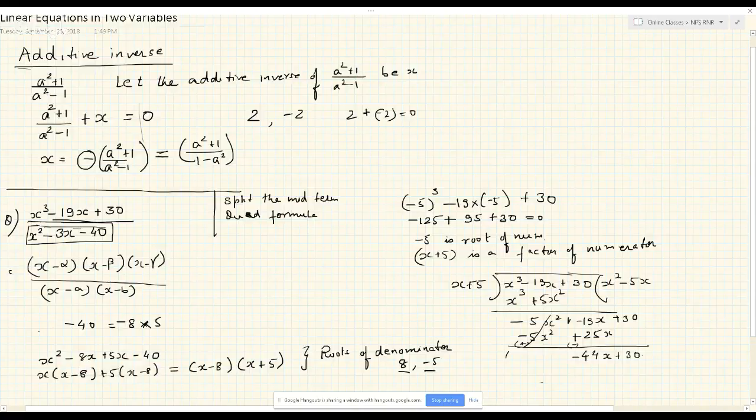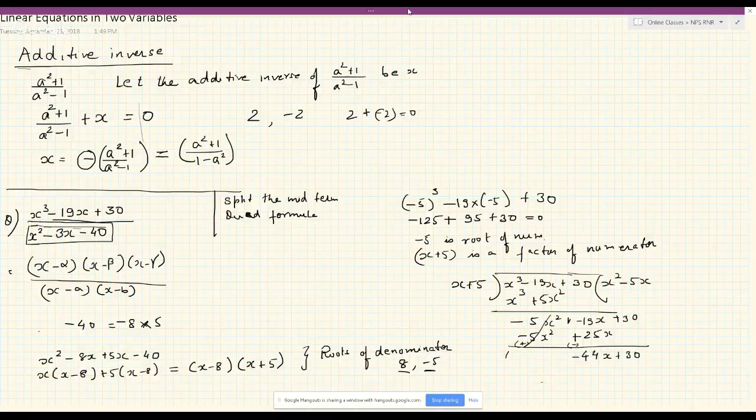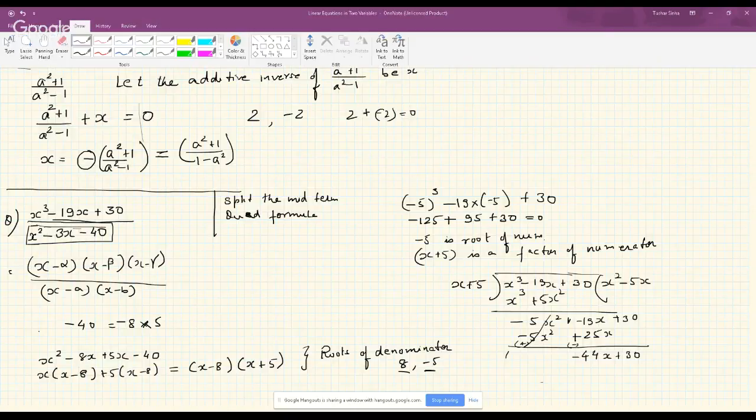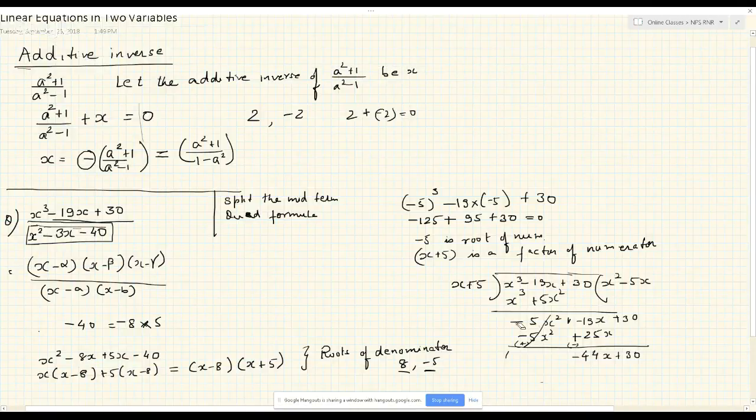Oh, we did something wrong. Wait. x cube minus 19x plus 30. So x square gives you x cube and plus 5x square. Oh, I'm sorry. Actually, this is the wrong step. Wait a minute. I made a calculation mistake. Let me use the eraser. Yeah, this was a wrong step here.